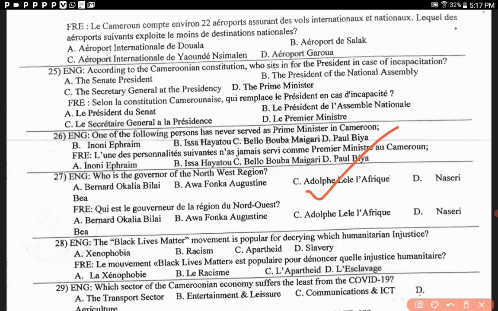So you also need to know the names of governors. For example, governor of the North region is Jean Abate Edi. Governor of the Far North region is Mijiyawa Bakari. Governor of the Center region is Nasseri Paul Biya, and so on. Then question 28.